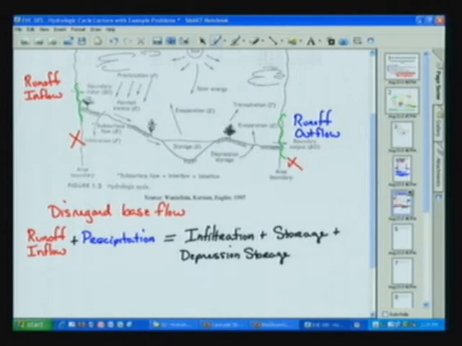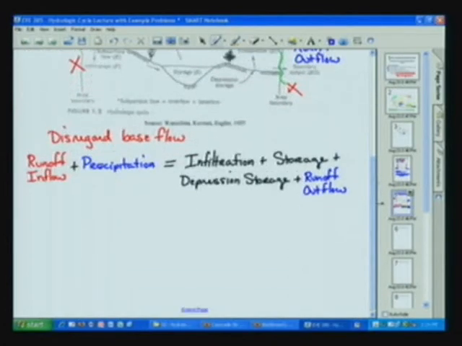So infiltration, storage and depression storage, plus the runoff outflow. In short time periods, evaporation, evapotranspiration and transpiration do not have a large impact, so those are the primary things we're leaving out.